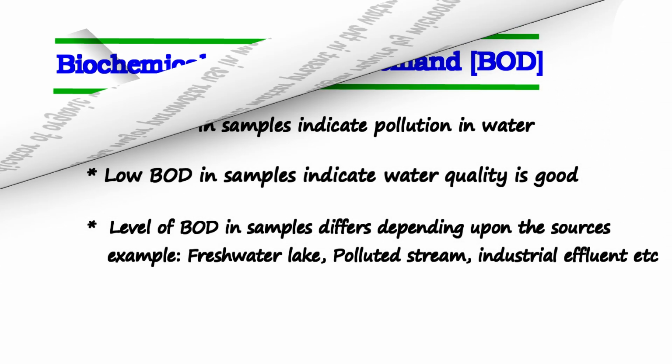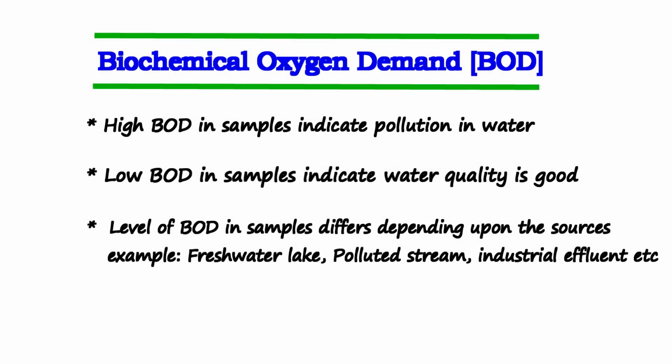After analysis of the BOD in any water samples, if you find that the BOD of the samples is very high, then that is a clear indication that the water is polluted. And if the BOD level in the samples analyzed is low, then it will indicate that the water quality is good.